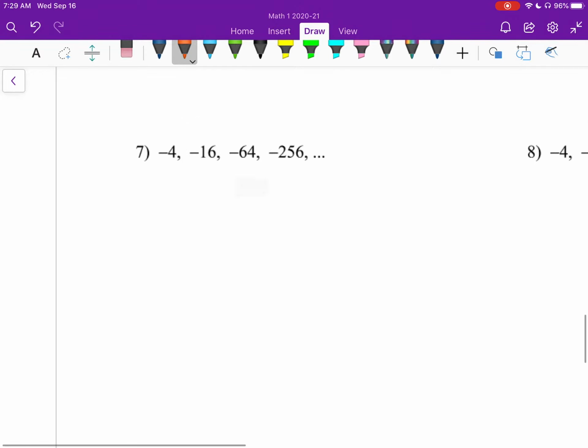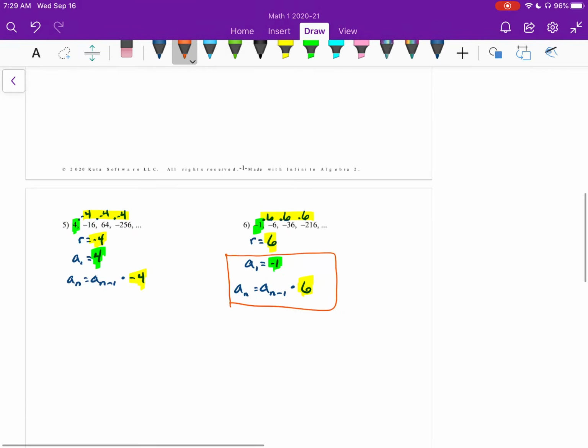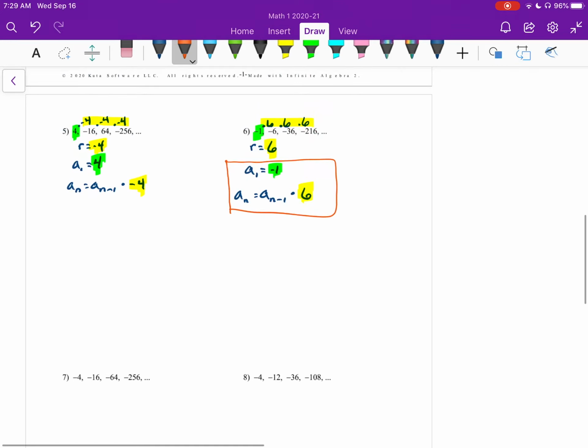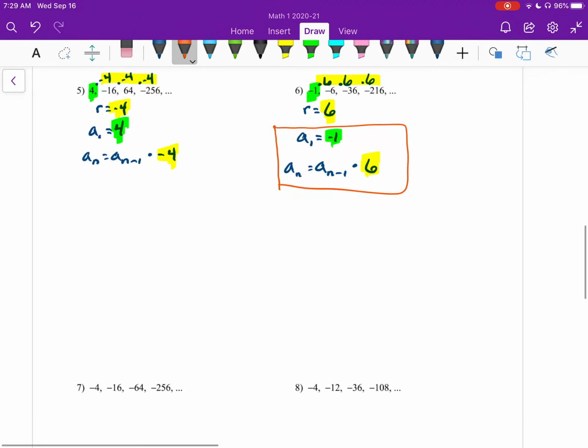Now, have we already done this problem? Number 5 and number 7 are a whole lot alike. The difference here is, here we go from positive to negative to positive to negative, and here we stay negative, negative, negative, negative.